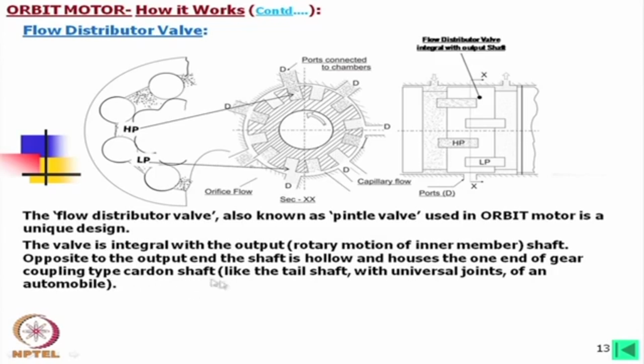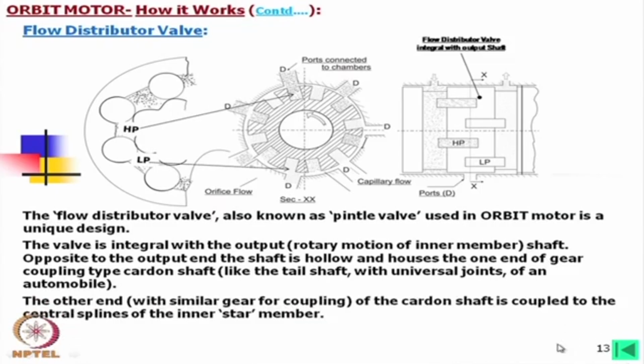Suppose this is the output side, just when the distributor valve is beginning, at the junction there is a gear coupling, and through the hollow side it is connected to the star.